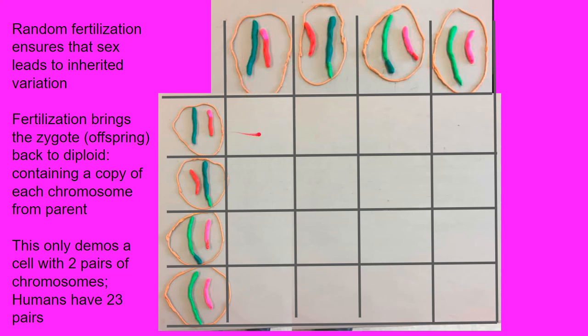When we bring these back together and fertilize, it's going to come back to four chromosomes with a backup copy of each chromosome. So again, this only demos a cell with two pairs of chromosomes. When you start talking about humans having 23 pairs of chromosomes, that's a Punnett square with like 64 trillion possible outcomes here, which is pretty phenomenal.